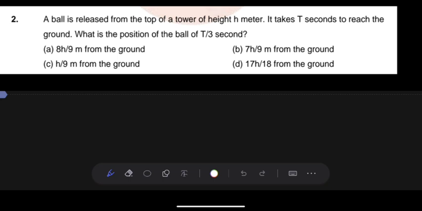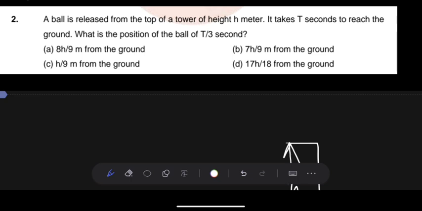The question says a ball is released from the top of a tower of height h meter. Let's suppose this is the tower of height h.